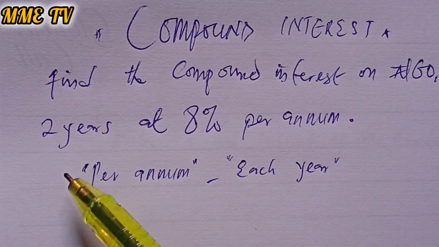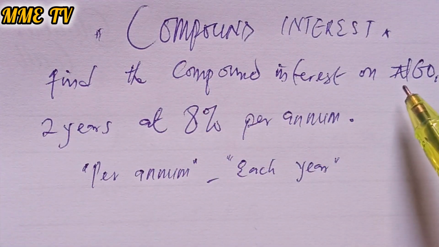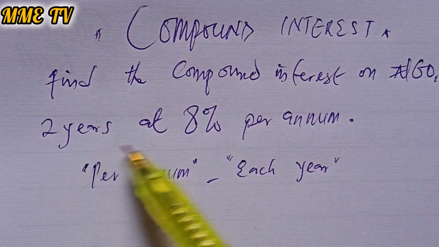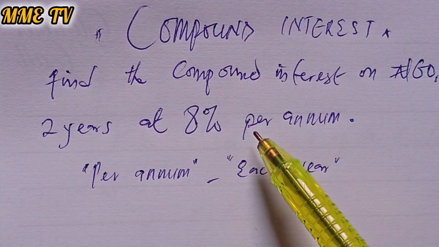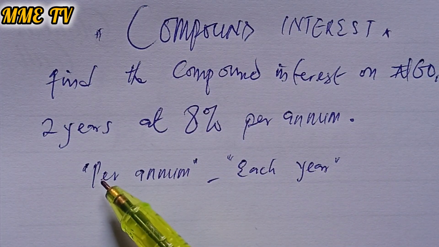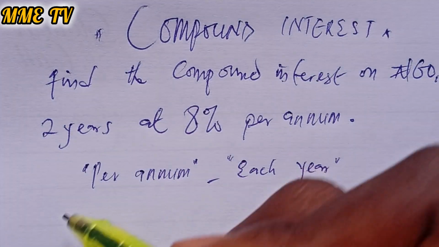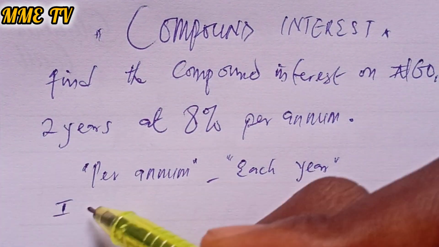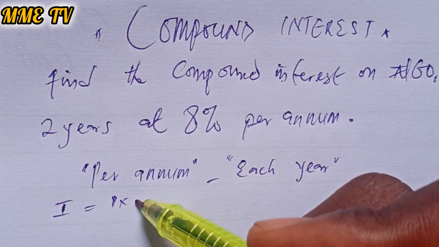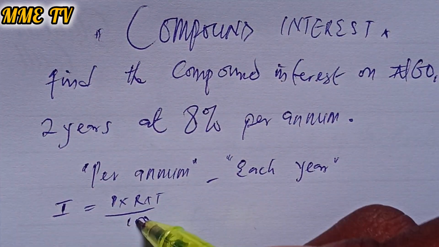Assuming that what we are asked to do here is to find the compound interest on 60,000, 3 years at 8% per annum. Now, remember that the formula for solving simple interest is interest is equal to principal times rate times time all over 100.